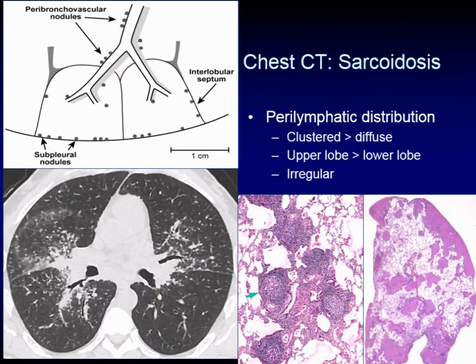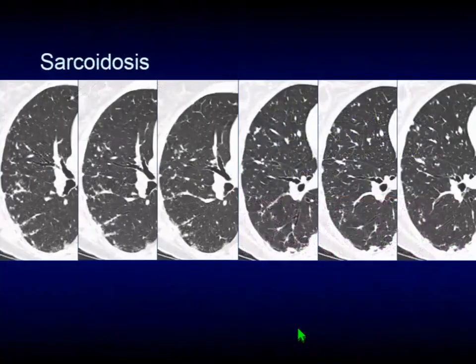So here, again, we see a different case. Look at where all these well-defined soft tissue nodules are. They're on the fissures, they're on the pleura, and they're on the septa and along the peribronchovascular lymphatics. Here you see the specimen of loosely formed granulomas and interstitial thickening, which is characteristic of sarcoidosis.